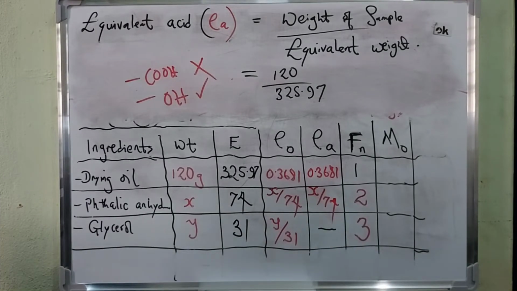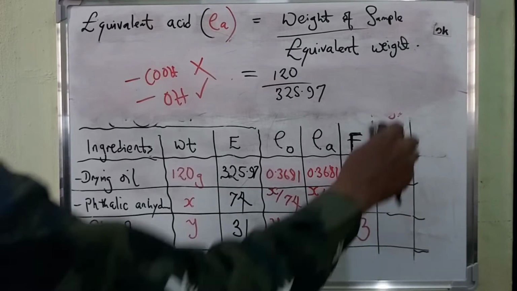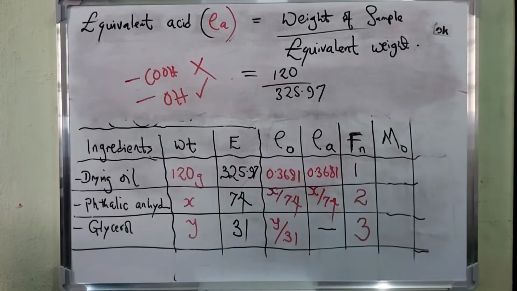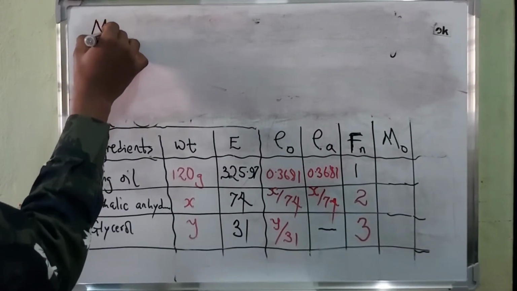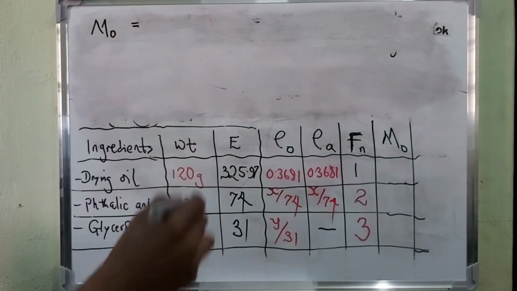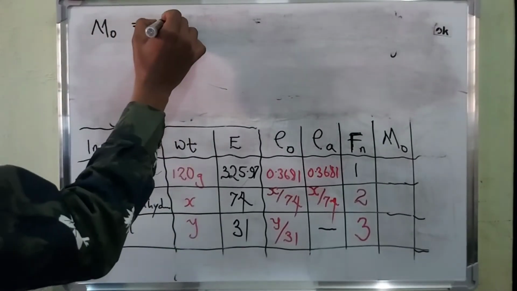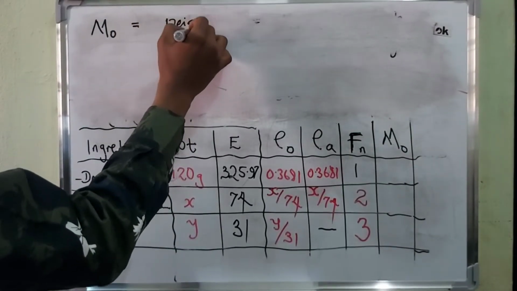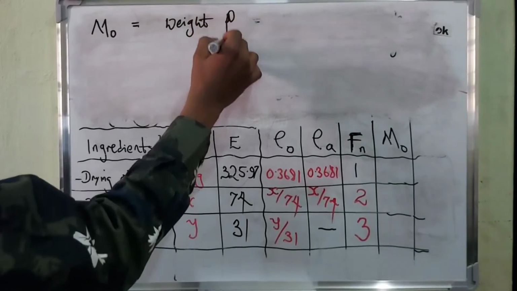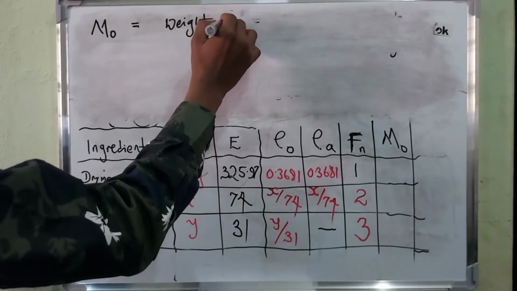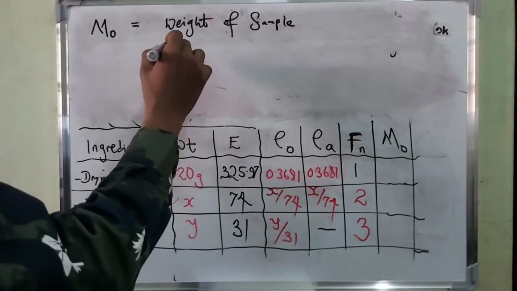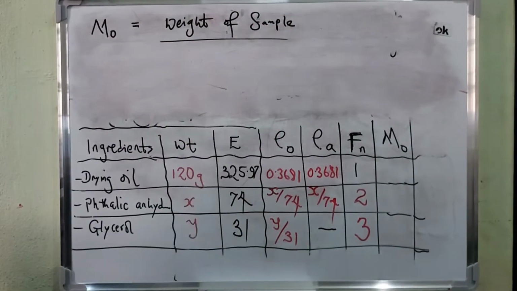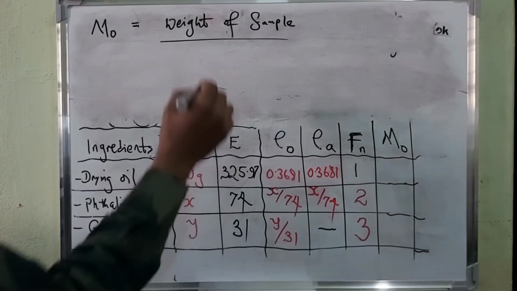Now, finally, we're going to find out the number of moles, designated with M subscript 0. For the number of moles, the formula is weight of sample divided by molecular weight.